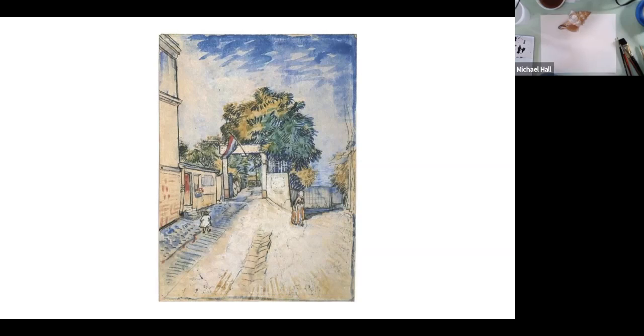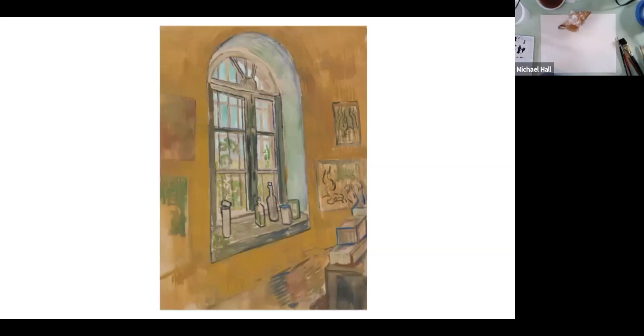But what we're going to try to focus on is just using the watercolor as the device in and of itself. So this is also a watercolor, but he's starting to use the paint a little thicker. So a little bit of dry brush here, or a thicker application of the actual watercolor paint.